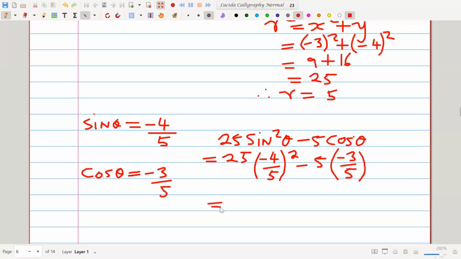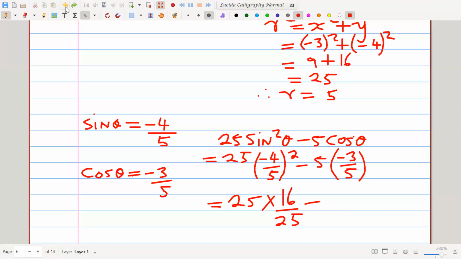It's just arithmetic. Now you can simplify, because it's going to be 25 multiplied by, which is that, it's going to be 16 over 25. Well, squaring this thing inside the bracket, I'll get 16, then I'll get 25 in the denominator, minus, I have a 5 there.